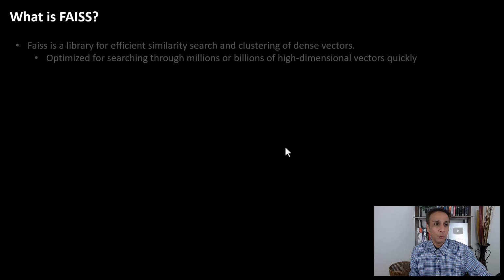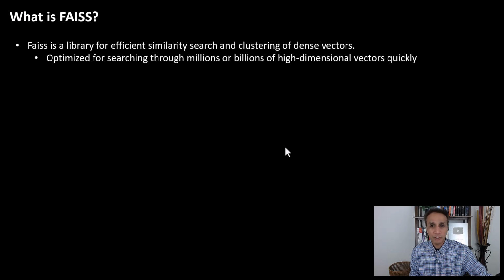Okay, so here is my definition. Not my definition, I just took what they mentioned there. Faiss is a library for efficient similarity search and clustering of dense vectors. What does that mean? You have a whole bunch of vectors, and you want to perform some sort of similarity search because you have a vector and you want to compare it, then Faiss is an efficient library.